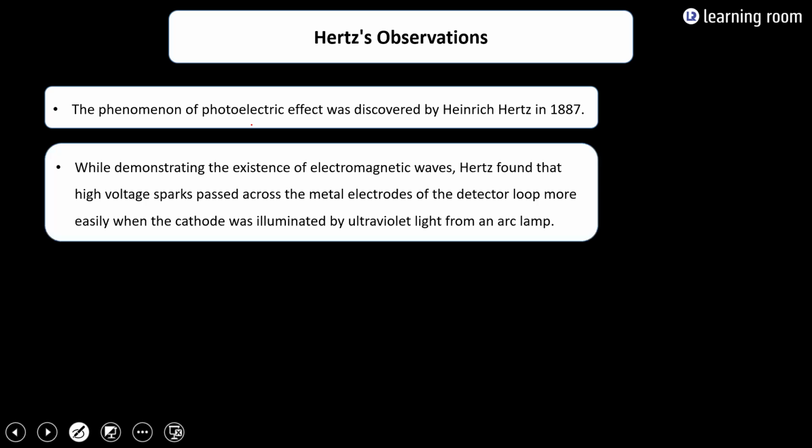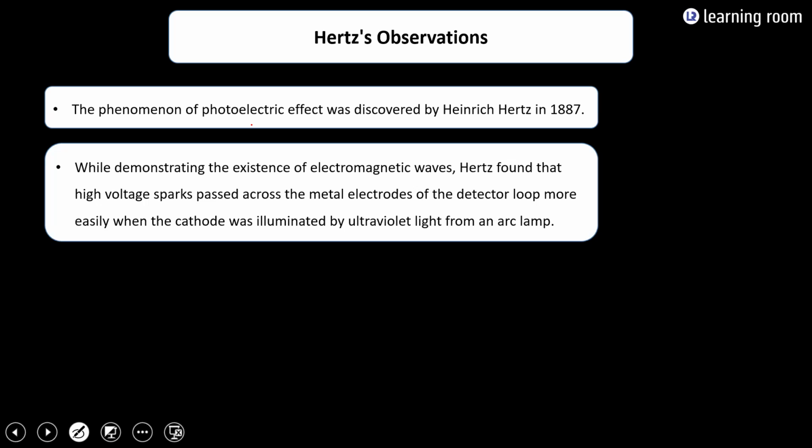Hertz was performing some other experiment. I'll put the concept simply. He was trying to demonstrate the existence of electromagnetic waves. When this was tried, Hertz found high voltage sparks, passed across the metal electrodes of the detector loop.